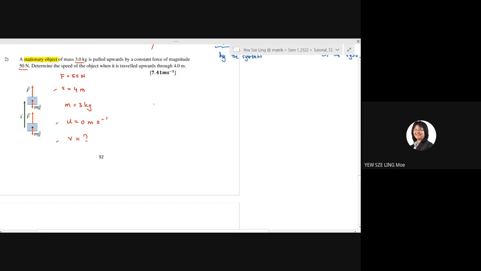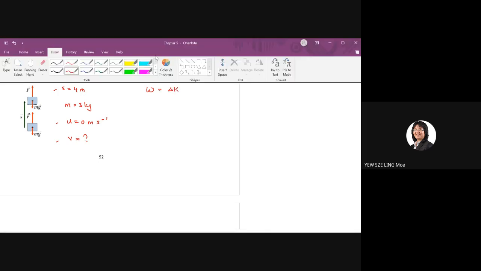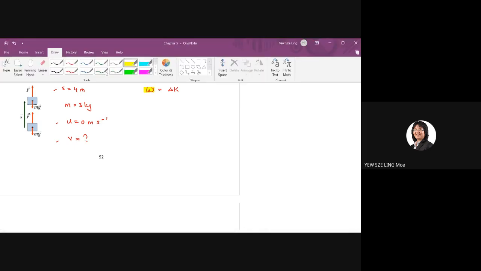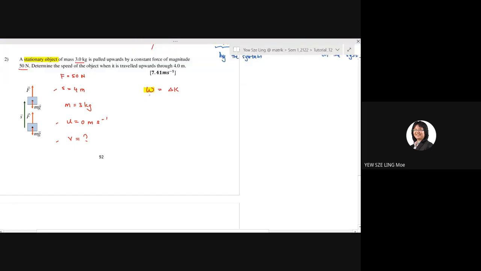Try to recall the work energy theorem. Work energy theorem is W equals delta K, right? But if you recall the definition, this work is the work done by net force, which means you cannot use this 50.